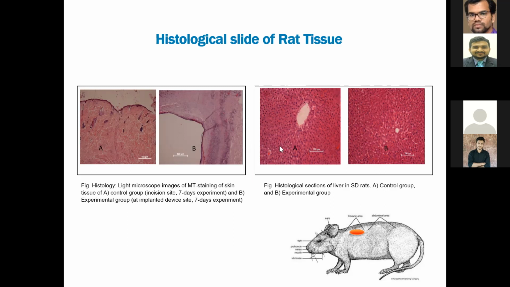On the right side you can see figure A with the control group and figure B with the experimental group. In both groups the stress level is not significant. That means this is well suited to be used, and there is no stress level to be worried about.